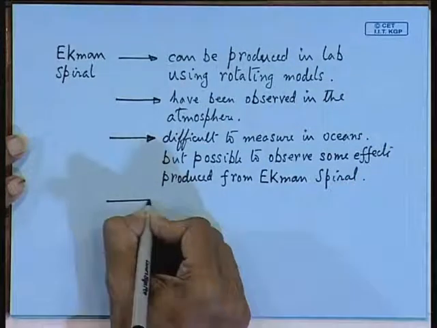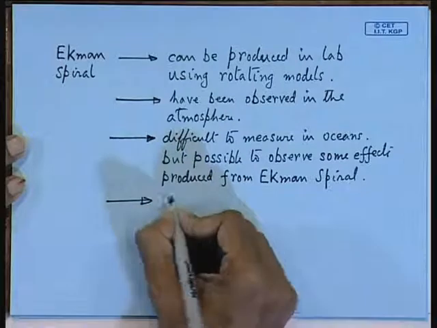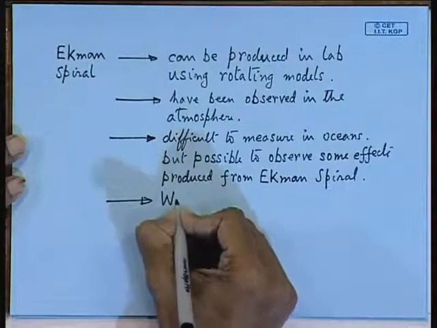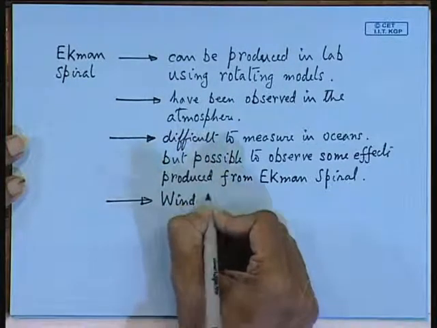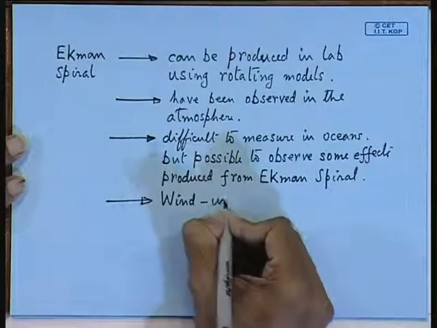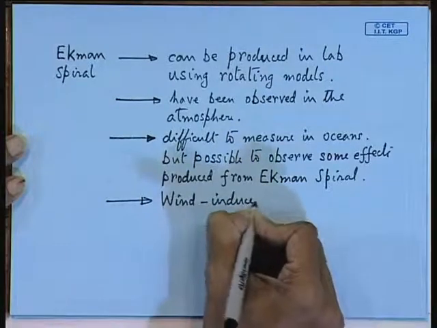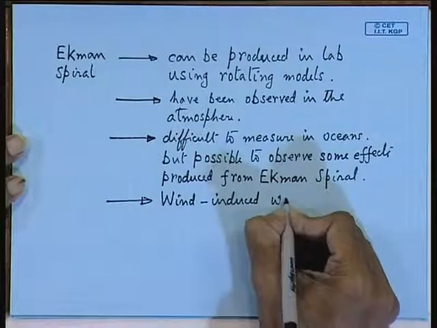Now, as a result of this Ekman spiral, what we are getting is a wind induced current, or rather a wind induced water transport.